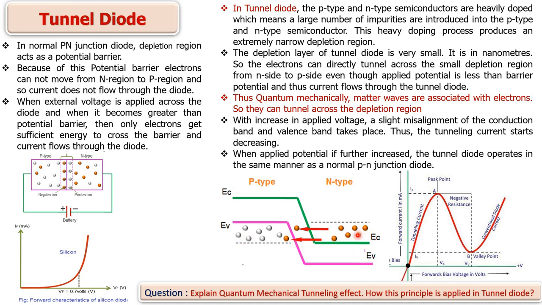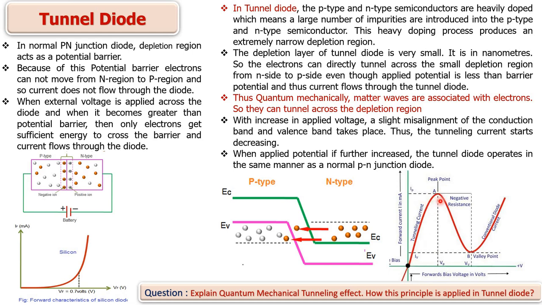Right now, electrons have less energy to overcome the potential barrier, but they can tunnel because electrons are considered as waves. According to quantum mechanics, matter waves are associated with electrons. So electrons can penetrate through the potential barrier and current increases. This current is called tunneling current. In this way, the tunneling effect is used in the tunnel diode.